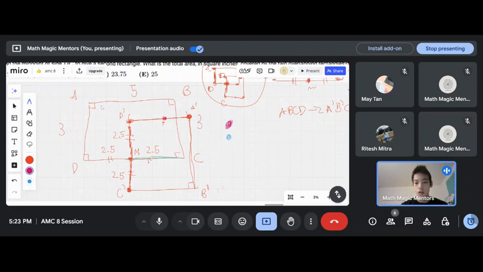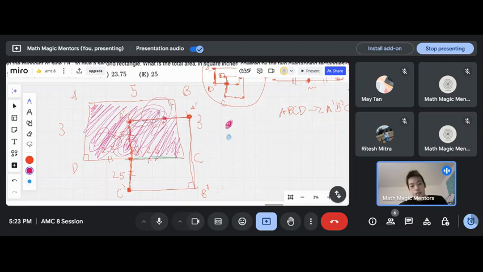So let's say you add the area of the first rectangle. Everything covered by the pink is ABCD. So you added the area of ABCD.